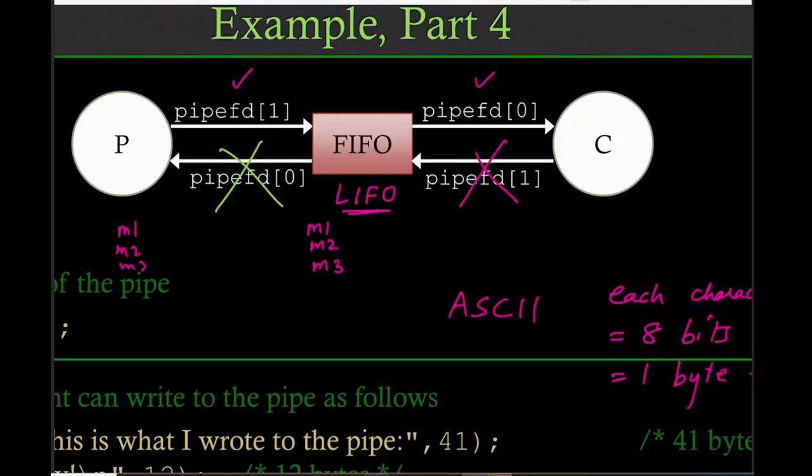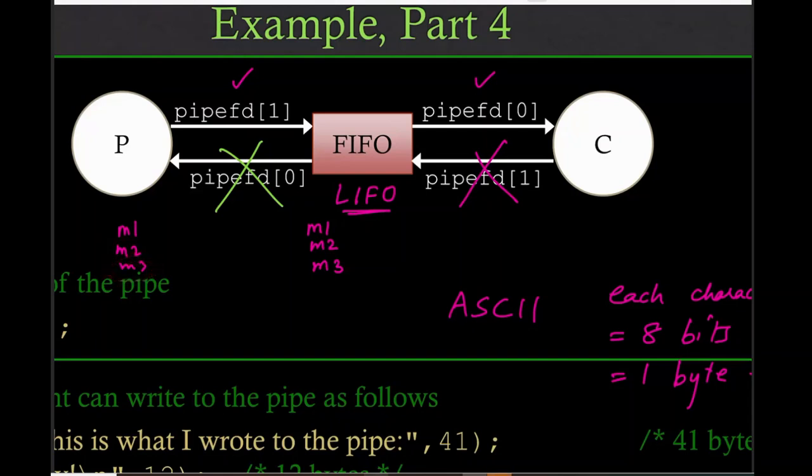Ideas? It could be M2, right? So different order, right? It would be scrambled order, but in the worst case scenario, it would be M3, M2, M1. The reason is the child might be reading at any given time, right? So maybe it reads when M2 was written, maybe it reads when M3 was written.